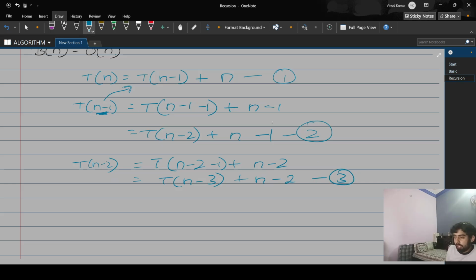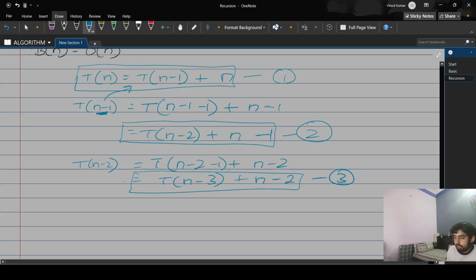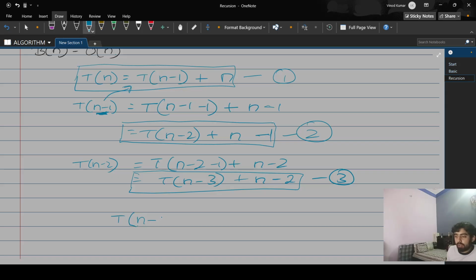Now you have to find the relation between these equations, that is, what is the common relation that is being formed. Here is this equation and here is this equation. So the common relationship that is being formed is n minus the number of times we are running. If it's running for the second time, we are getting 2.